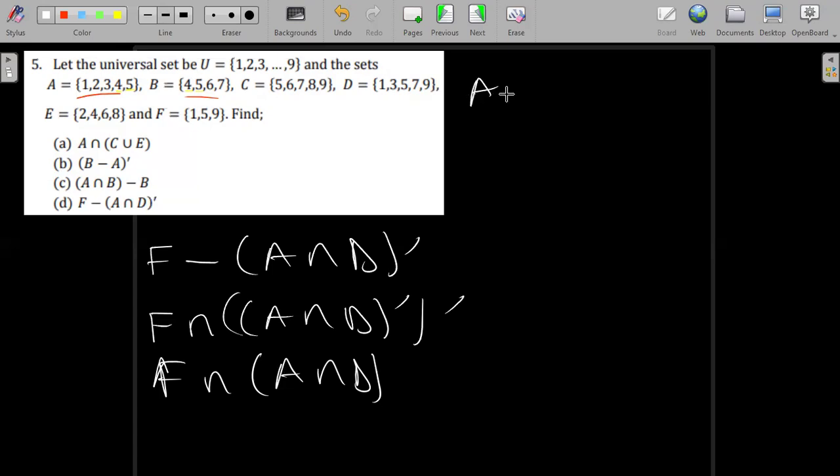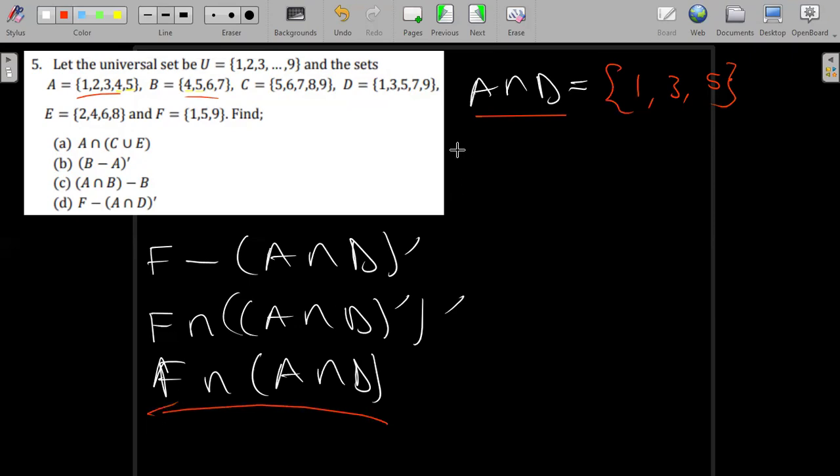So I have to find A intersect D. I look closely at the sets A and D and see which elements are common in both. I can see from here that 1 is common in both, 3 is common in both, and also 5 is common in both. So this is my A intersect D. Then it's intersecting with the set F. So I look at the set F and see where these intersect.